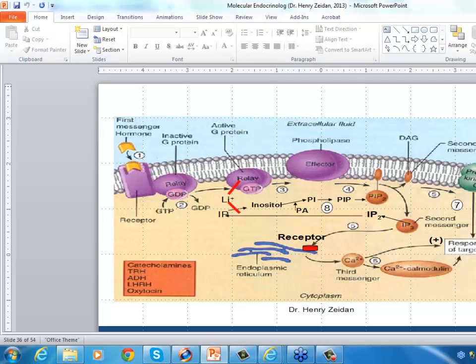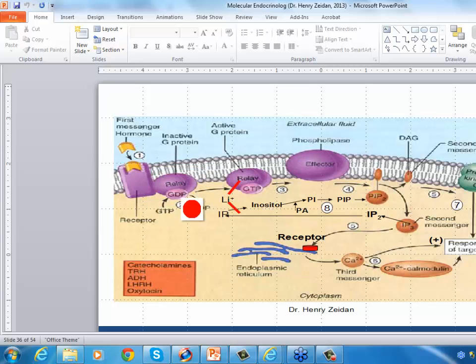To make the long story short, you have a first messenger hormone, which can be any of these hormones: catecholamines, which are biogenic amines, thyroid releasing hormone (TRH), ADH, LHRH (luteinizing hormone releasing hormone), or oxytocin.